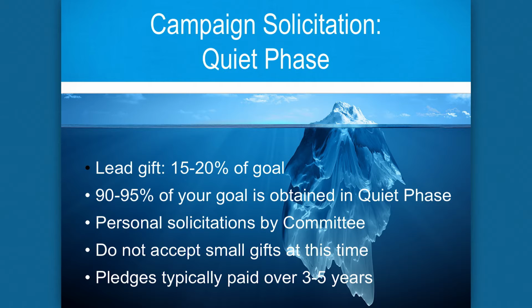We would recommend that in most capital campaigns, you're not looking at gifts under $25,000 to $50,000 in this early phase of the campaign. And it's also important to realize that gifts made in the quiet phase, of course, are larger and therefore may require being paid out over 3 to 5 years. You need to keep that timeline in mind in case you need to do something in the way of bridge funding for campaign pledges that won't be coming in for several years.